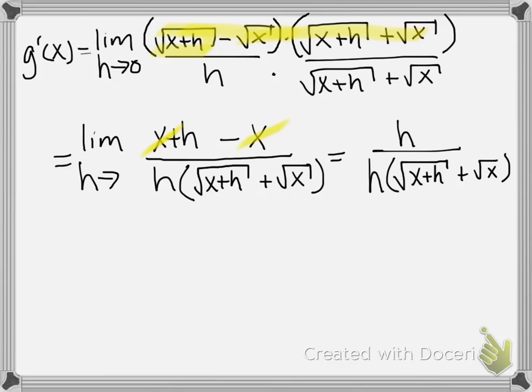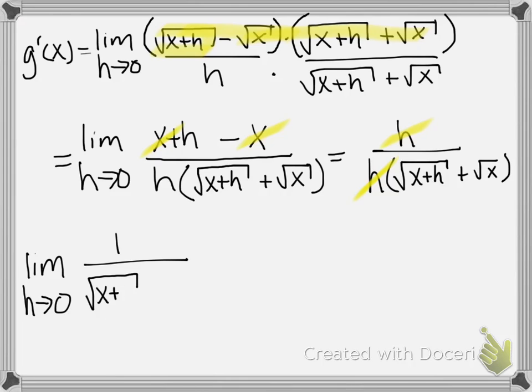And as you can see, those h's are going to cancel each other out. So that's going to leave us with the limit as h goes to 0 of 1 over the square root of x plus h plus the square root of x.